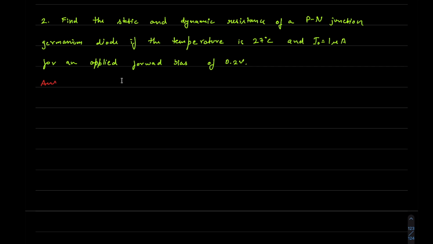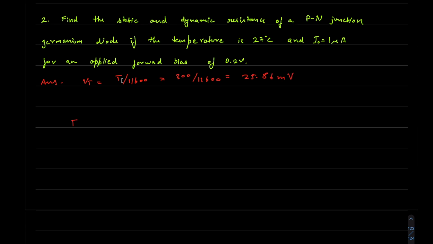So for Vt, we have T over 11600, which is 300 over 11600, which gives 25.86 millivolt. For ID, you remember the formula. This is our saturation current I naught times exponential of Vd, which is 0.2, divided by eta, for germanium it's 1, multiplied by 25.86 into 10 to the power minus 3, minus 1.